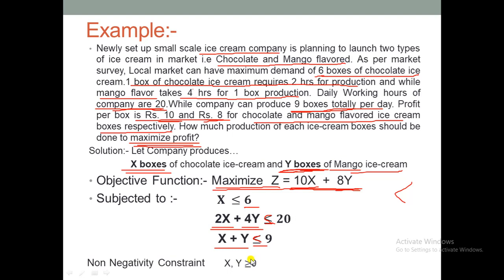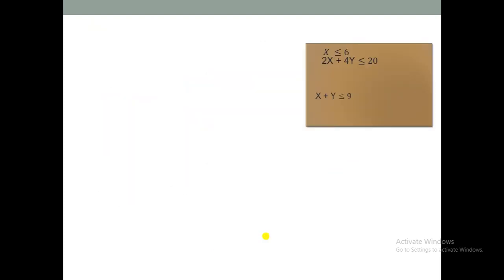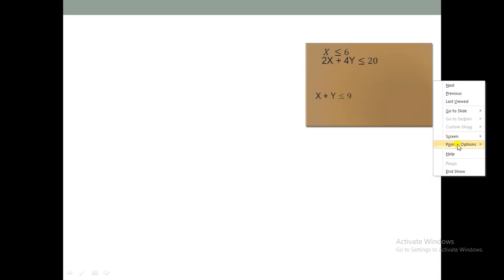Now the next step we have seen was to convert these constraints, because if we are to solve this particular problem, we will have to convert these constraints, because here it is less than, less than, less than, that we will have to convert into equality. Okay, so the first constraint we are having is that X is less than or equal to 6.